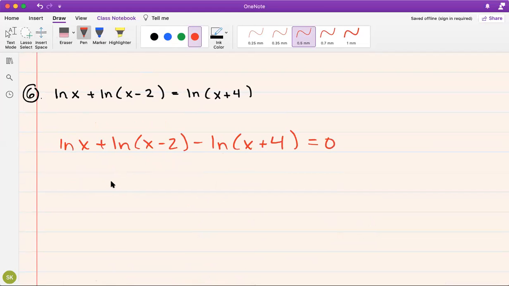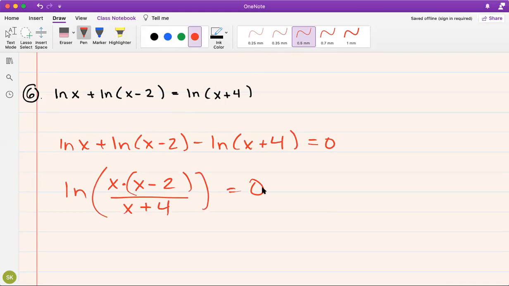And then combine all of this, which will be ln of x times x minus 2 over x plus 4 is equal to 0. And then you can use that property where you switch back to an exponent. So exponential form, because this is base e, so e to the 0, which would be 1, is equal to what's inside. I think this way is a little more complicated than what we did before, but you'll still get the same answer.